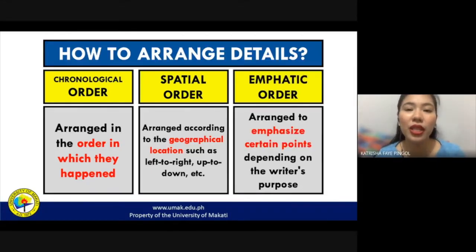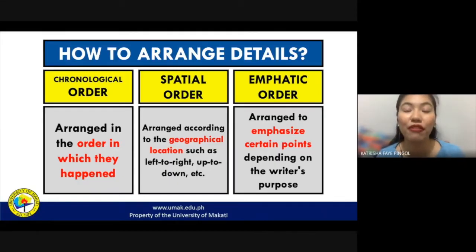Okay, the next one is emphatic order. When we say emphatic order, you simply arrange your details to emphasize certain points, depending on, of course, again, the writer's purpose. So you are looking into the importance of particular details and you arrange them.